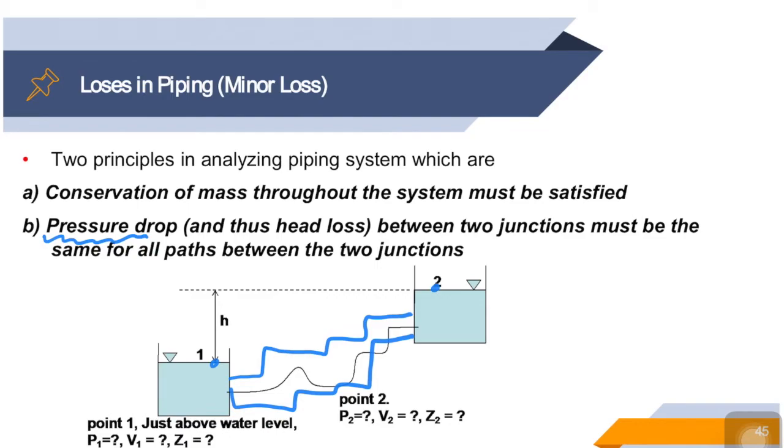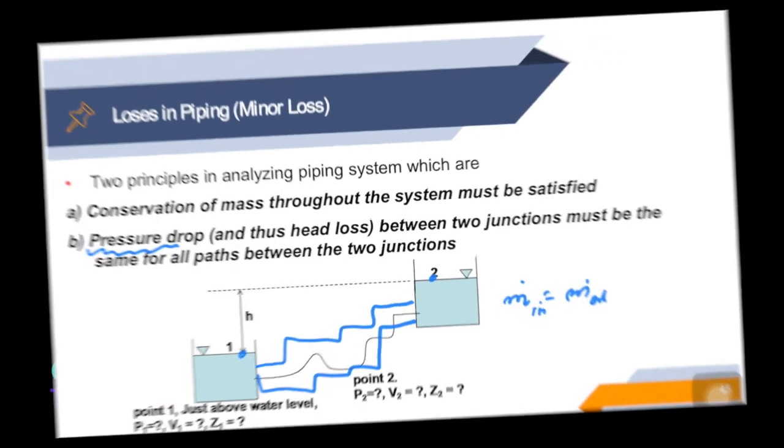Okay, so irrespective of the path, the pressure drop remains the same. Whereas the other thing is that conservation of mass means that m dot in is equal to m dot out. So this ends chapter number 3 theory.